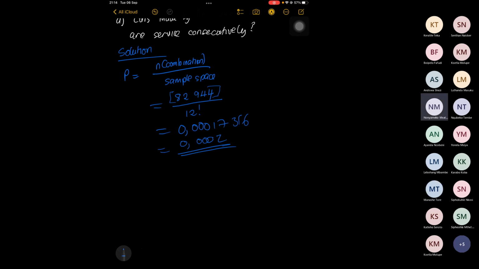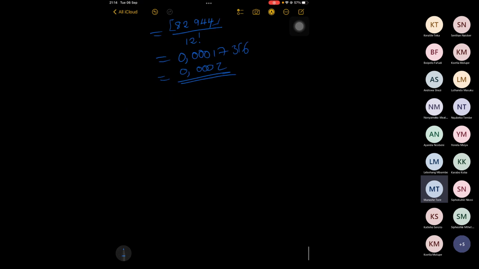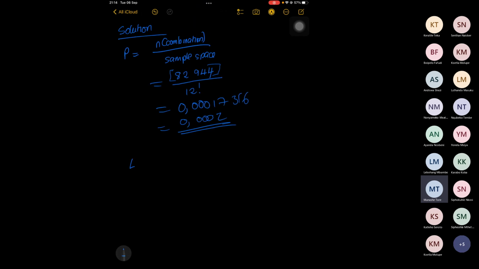Can I ask, with regards to decimal places, are we going to be told how many decimal places we're supposed to round off to? Yes, you will be, but one thing I've seen with them is to try to write as many as 4 decimal places.